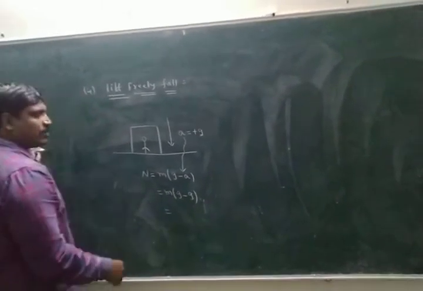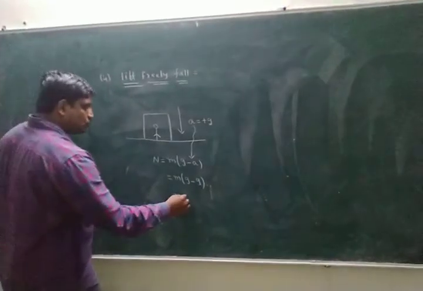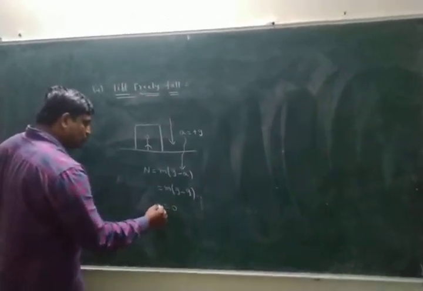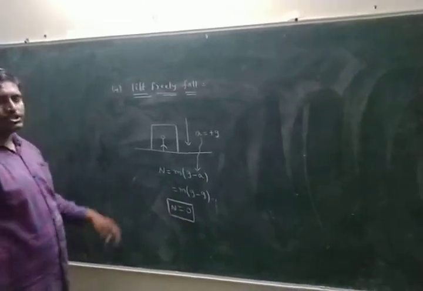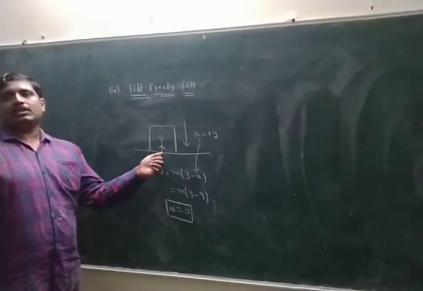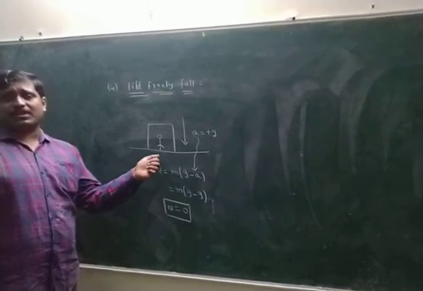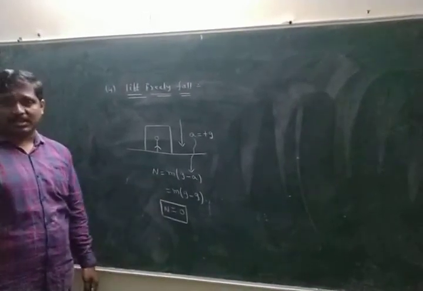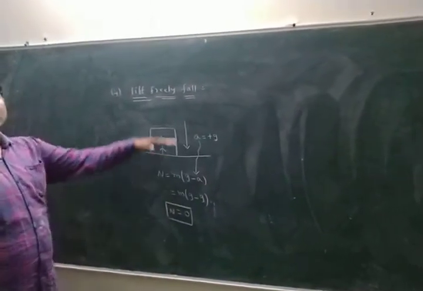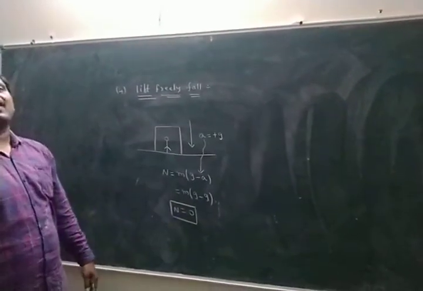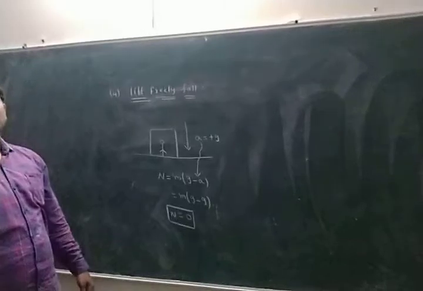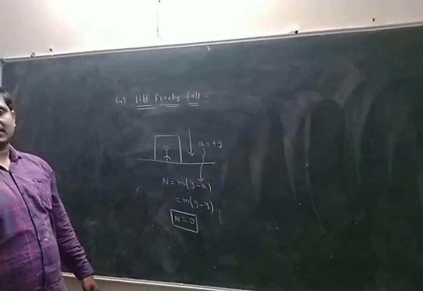Simply g minus g is 0, and 0 into anything is 0. Simply, the apparent weight of the person becomes 0. The person feels weightless. Simply, when a lift is freely falling, the person feels weightless.